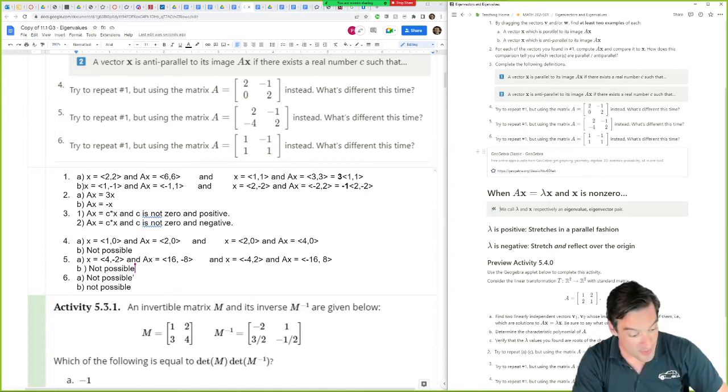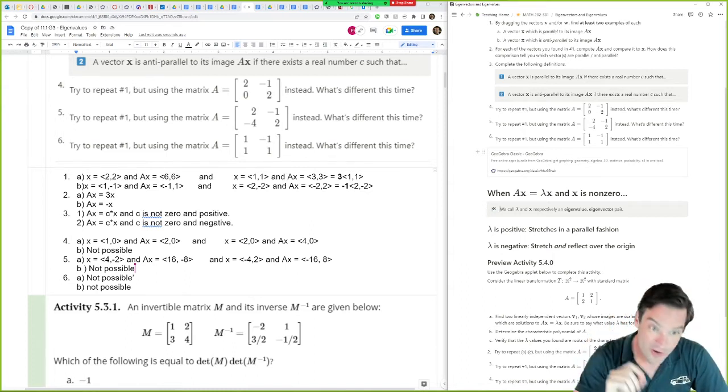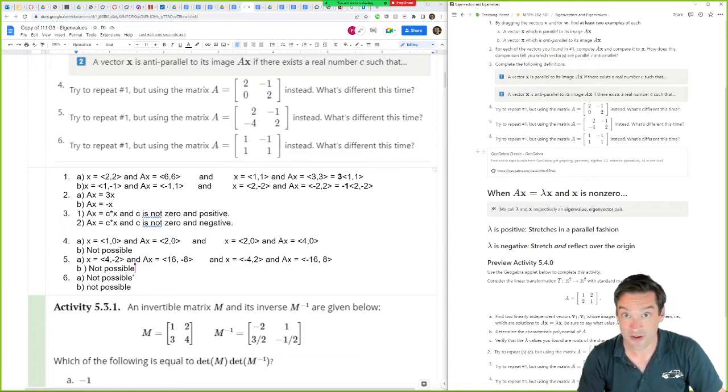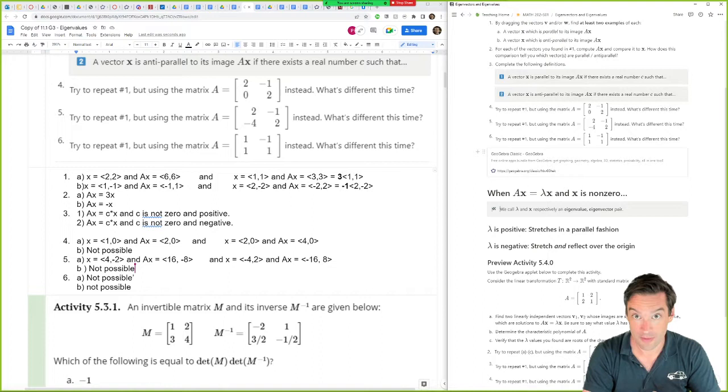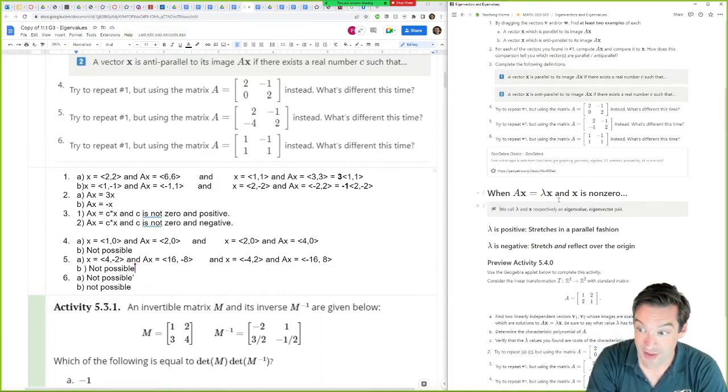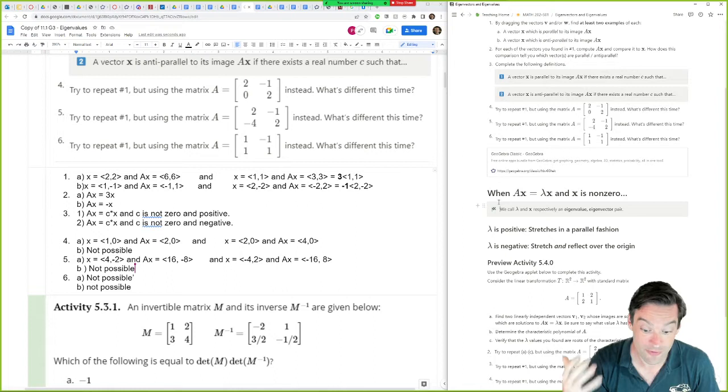And so it ends up being a two-step process by which we first start by trying to find eigenvalues. We try to find the lambdas first. And then once we know what the eigenvalues are, we can use those eigenvalues, plug them into this equation, and solve this equation for x using the ordinary tools of linear algebra solution solving that we have from the first week of the semester.